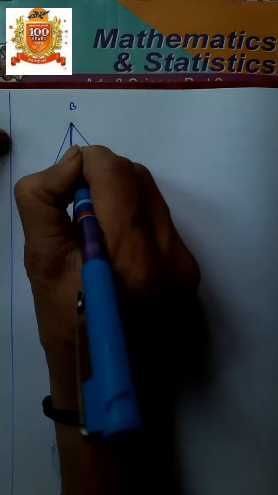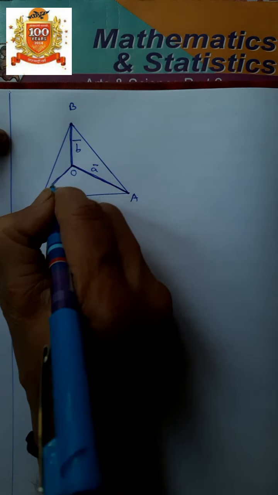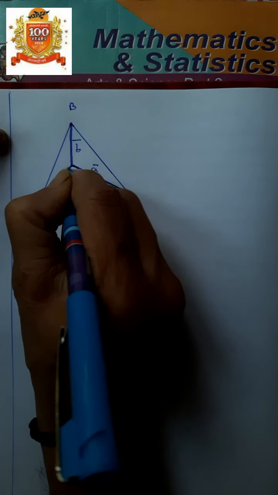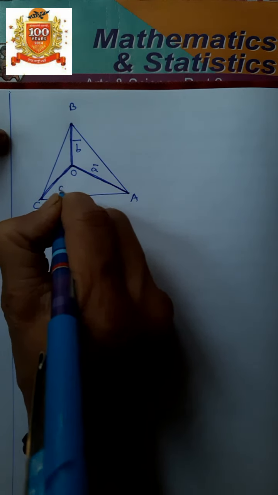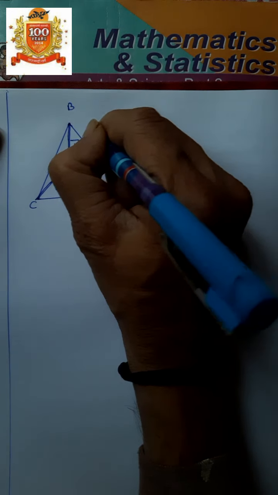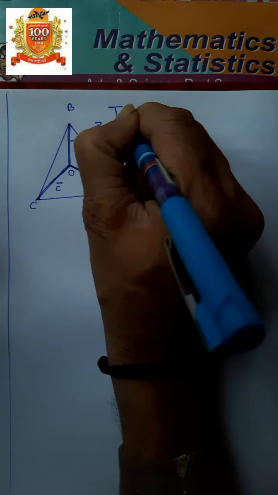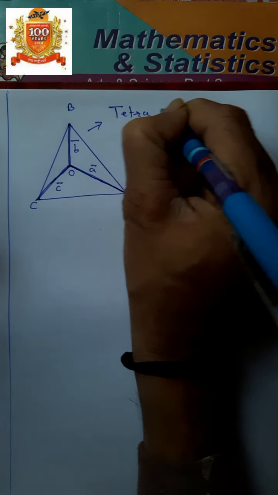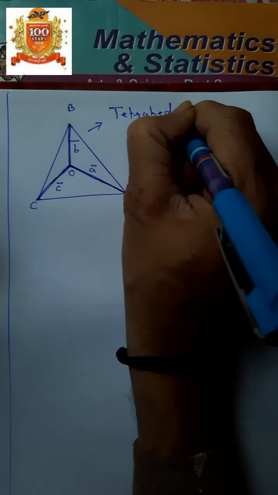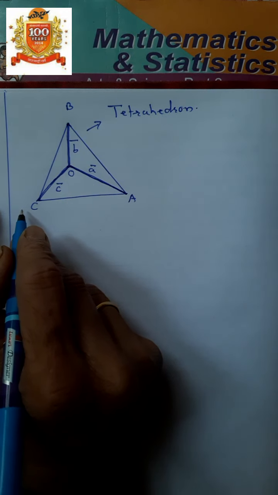This side denotes B bar. It denotes C bar. This is called as tetrahedron. This diagram is called as tetrahedron, isn't it?